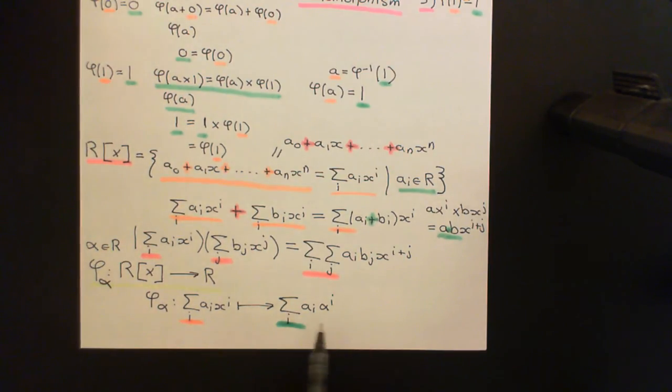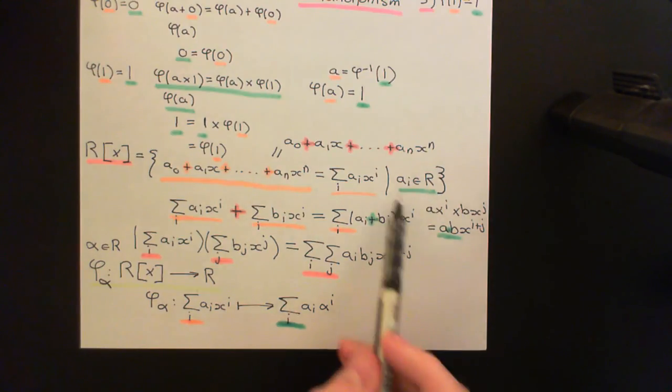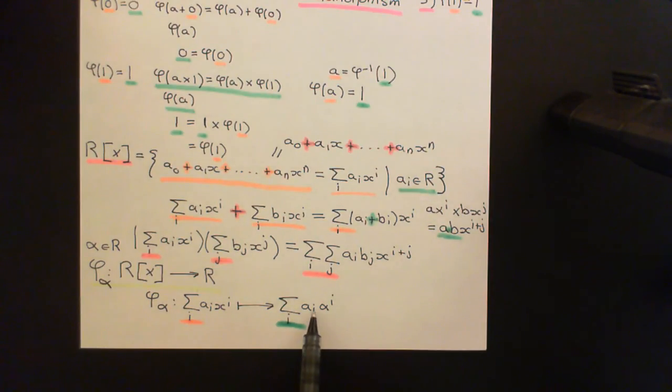So you're summing all the terms together in the actual ring capital R, and the multiplication here actually means multiplication in the original ring capital R, and alpha to the i just means multiply alpha by itself i times.